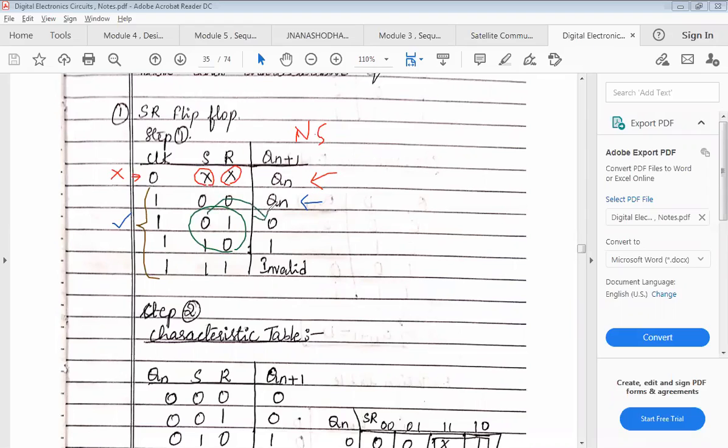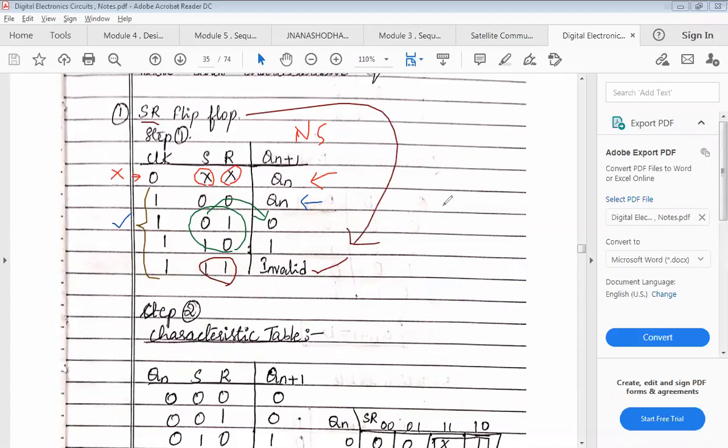The output is actually equal to S. Whenever I have 0 0, then the memory is going to be in place, and whenever I have 1 1, this state is actually not needed, or we can call it an invalid state. That is one downside of having an SR flip-flop. We neglect using the SR flip-flop just because of this invalid state.